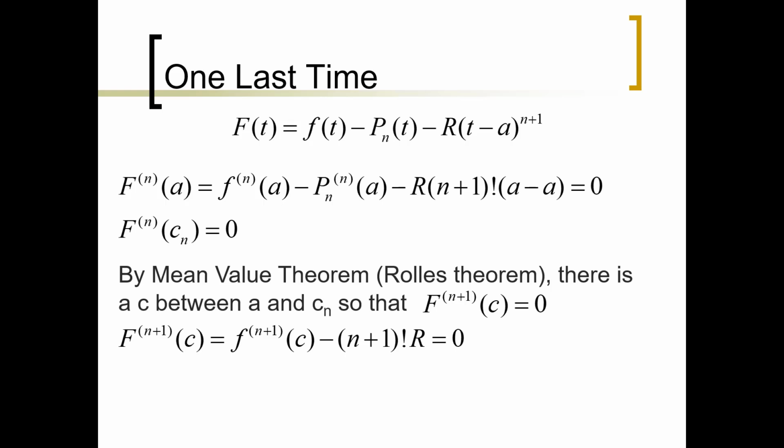When you evaluate that all at c, you have to get 0. Notice that's an equation that involves r, the unknown constant. If you just solve for r, you get the result that I said we would get. That then proves Taylor's theorem, the remainder in Lagrange form.